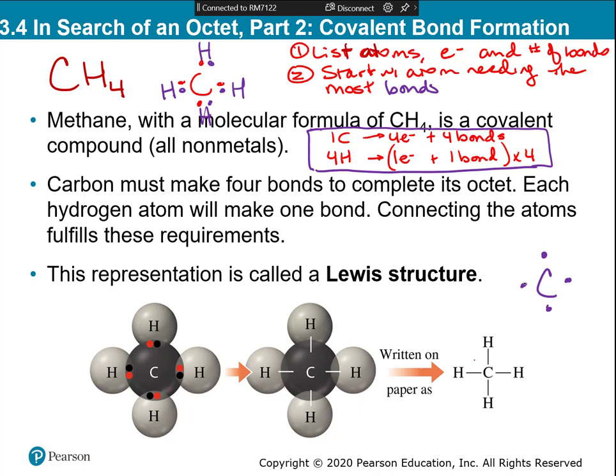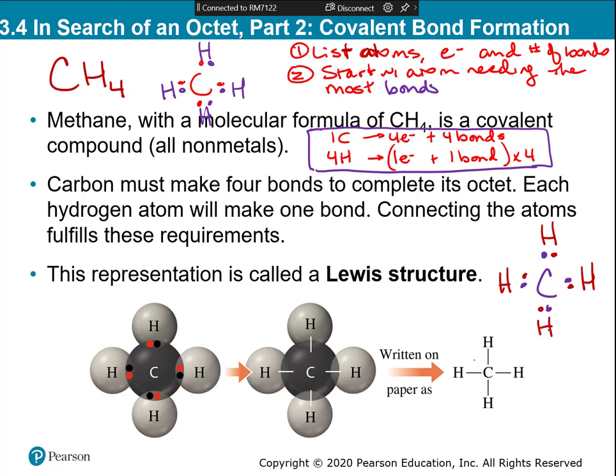Now I add the remaining hydrogens, creating a pair. The pair goes between the carbon and the hydrogen. So I'll add 1 hydrogen here and form a bond. Then I add another hydrogen, form a bond. Then 1 more hydrogen, form a bond. And then I can add the last one.